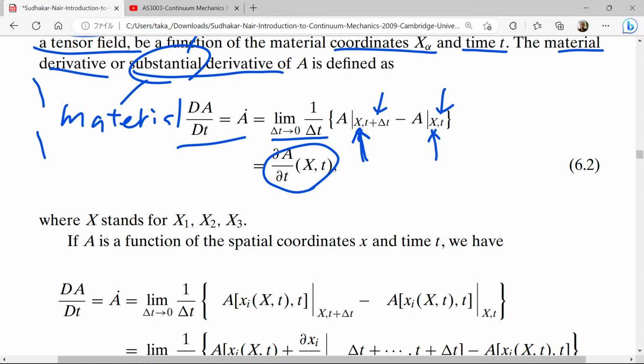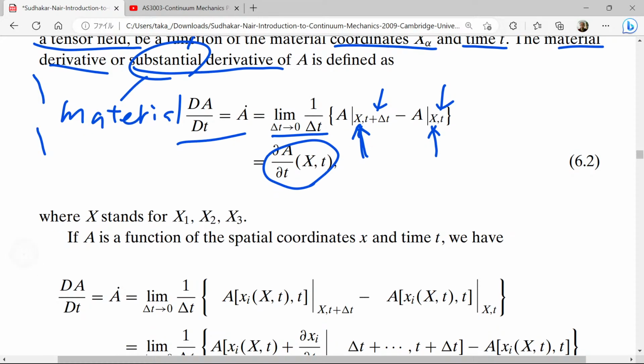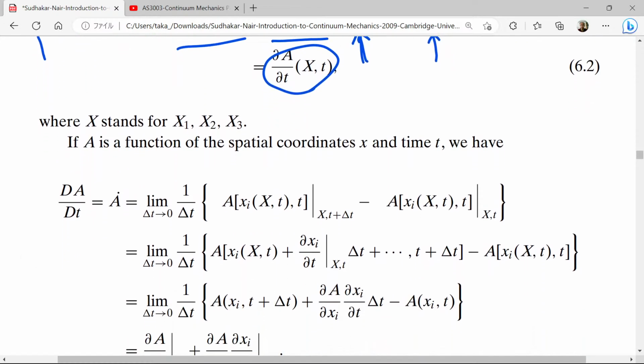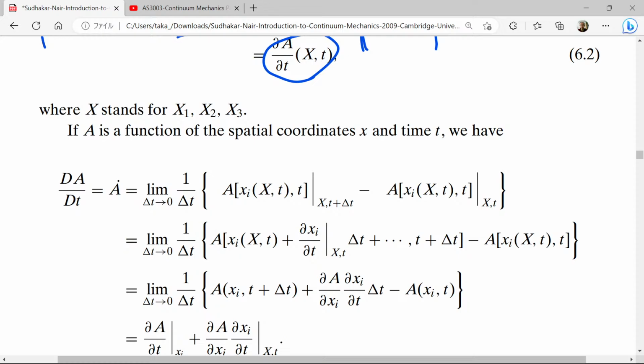If A is a function of spatial coordinate small x and time t, we have this, which goes like this.